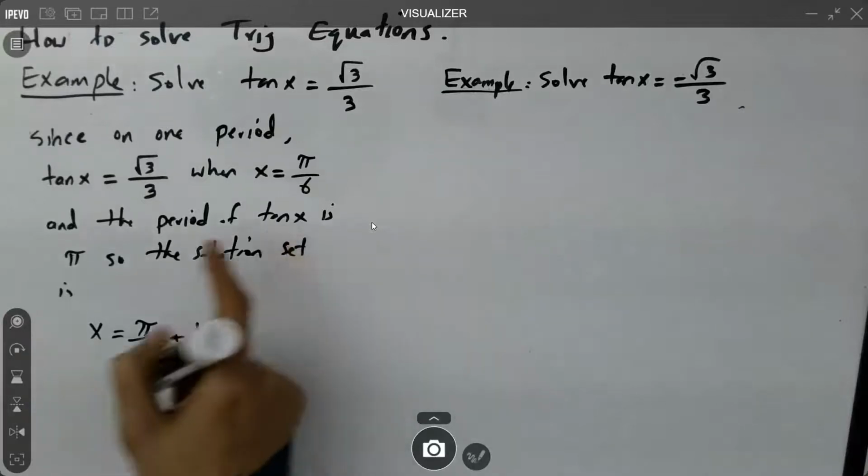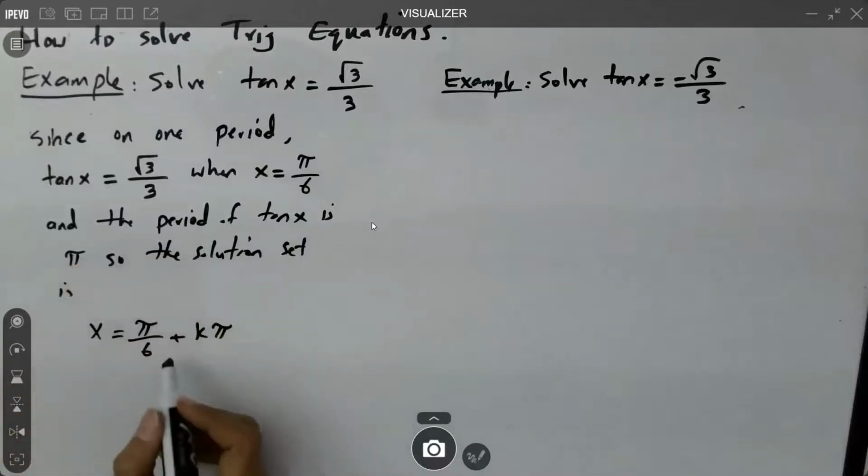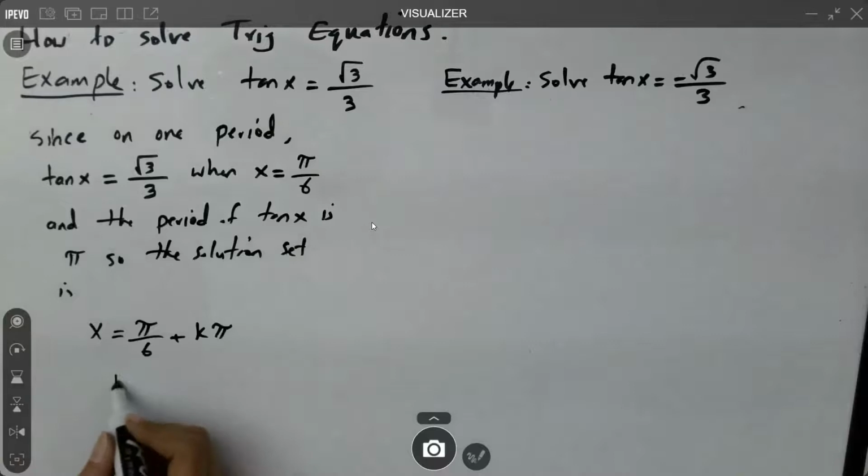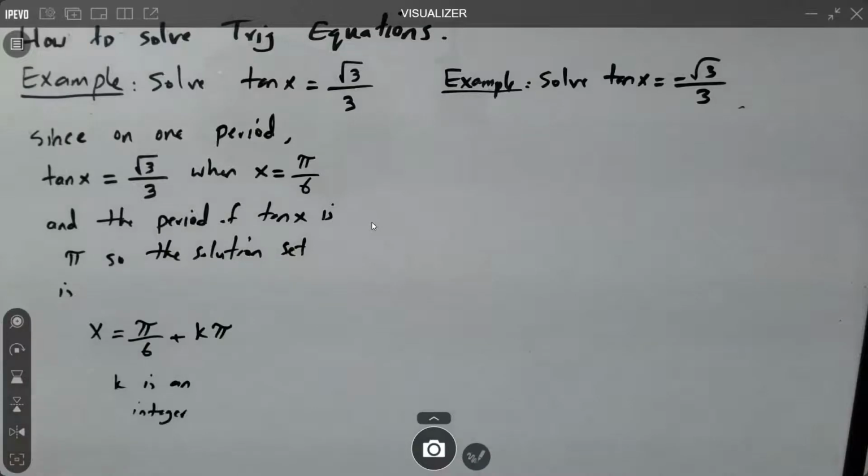The period of tangent is pi, so we just multiply pi by k, and k is an integer. Okay. You can plug in different values for your k and check your answers. You can double check these answers with the answers that you got from decimals.